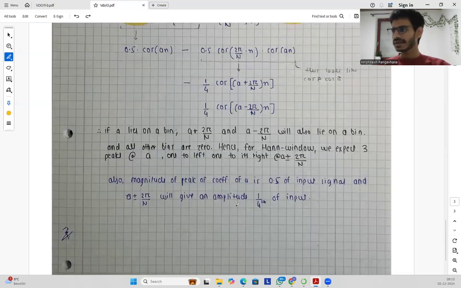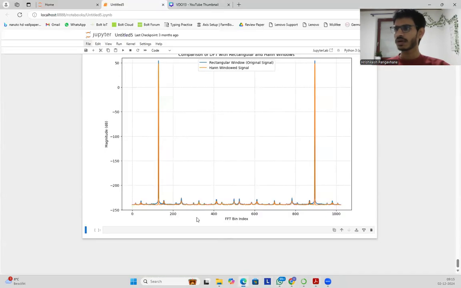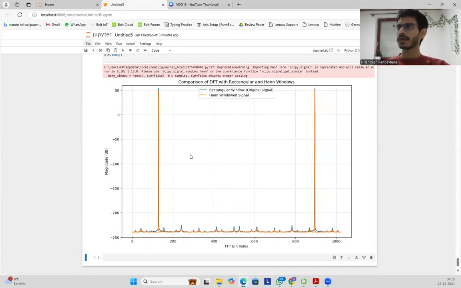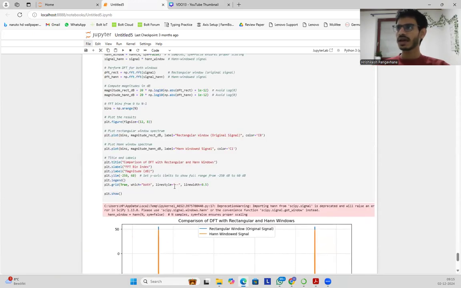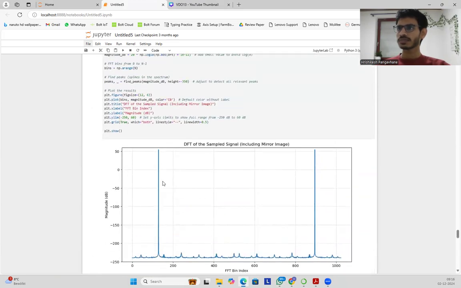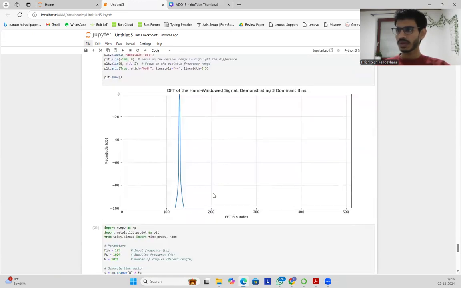We can analyze this using a Python plot. Initially we had this plot for the rectangular window, where we had two bins. Now this is the plot if we zoom it properly. We have one bin at A minus 2 pi by N, another bin at A plus 2 pi by N, and at A itself we have a peak.